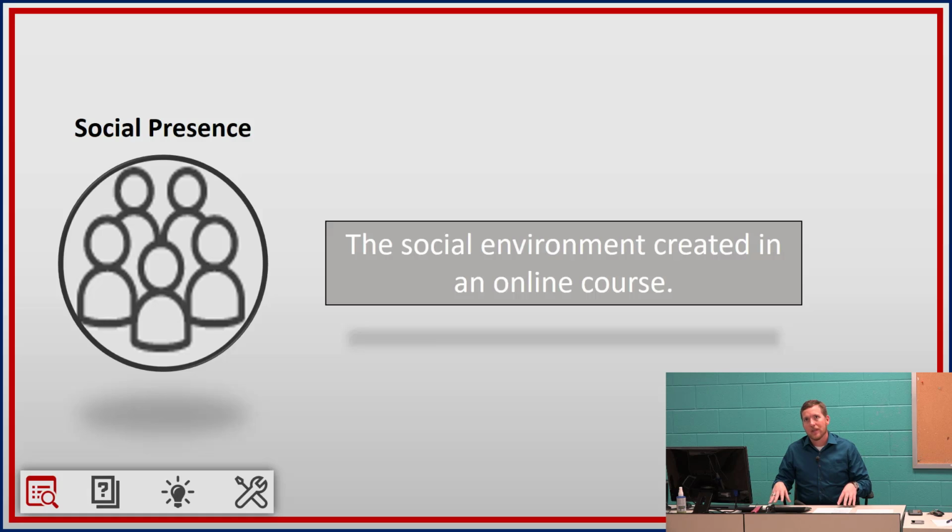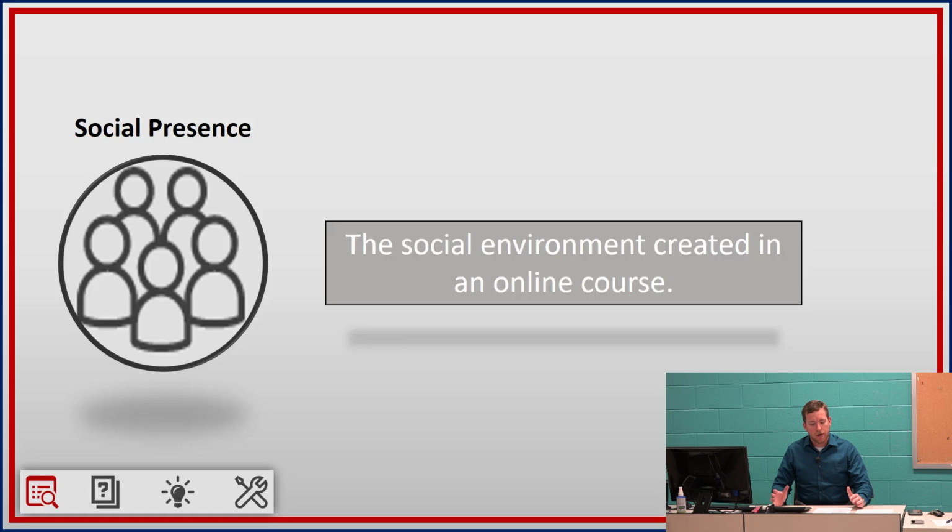Even though it's not as important as the others per se in terms of learning, because without the cognitive and teaching presence, no learning is likely going to happen, without this, it's hard to accomplish the other two. So you can see where you need all three working together to get that educational experience.